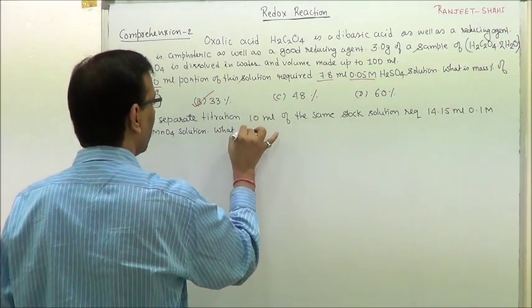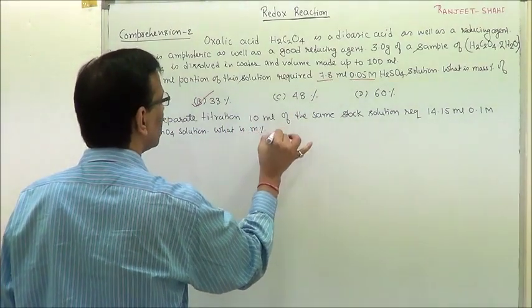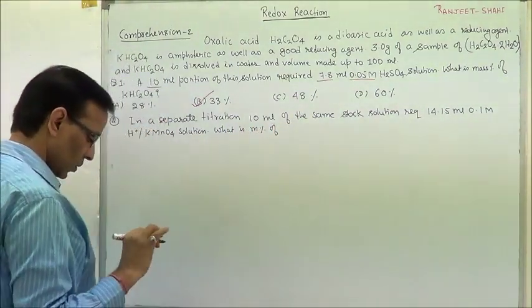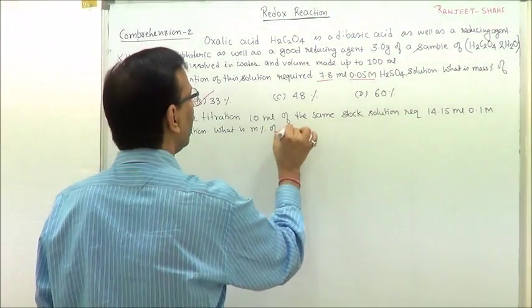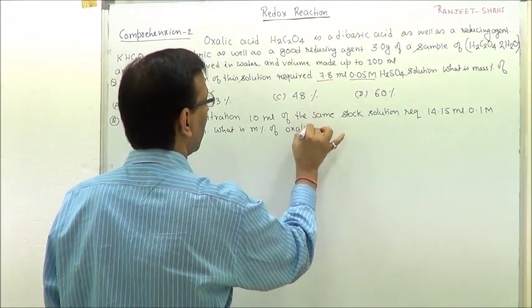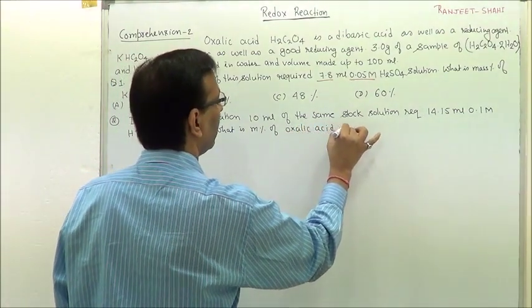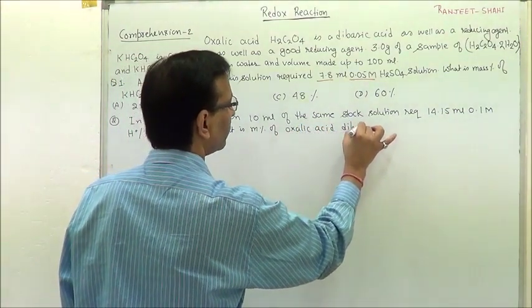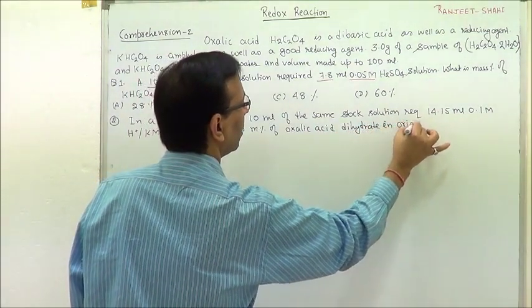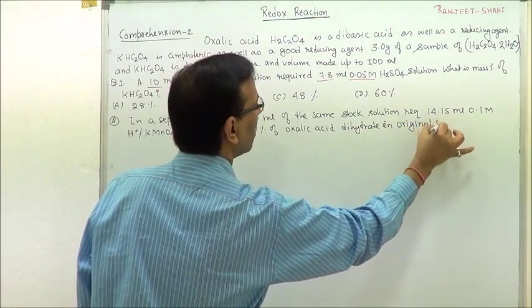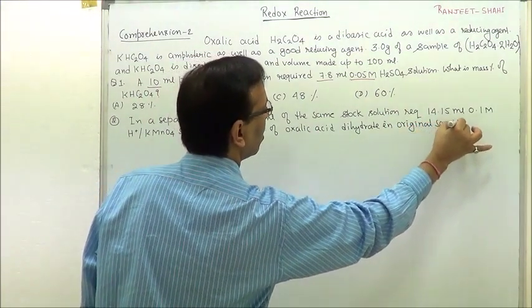What is the mass percentage of oxalic acid dihydrate in the original sample?